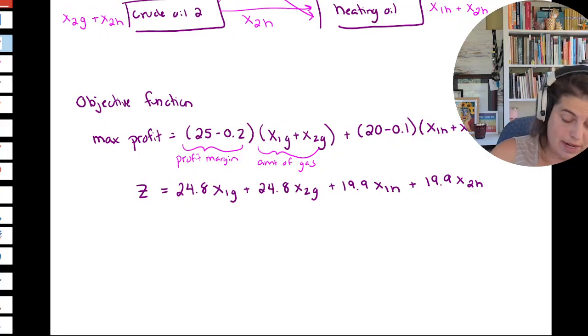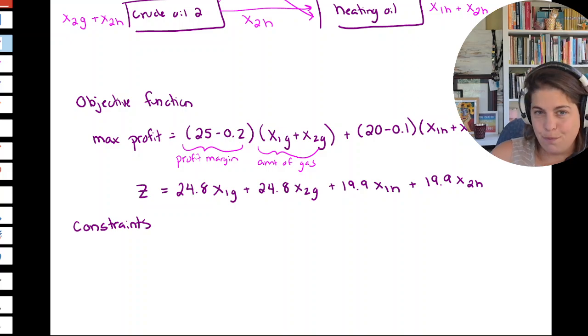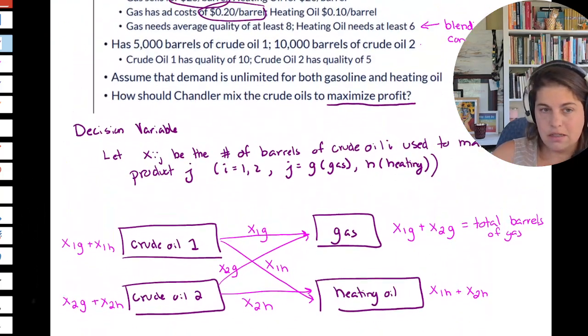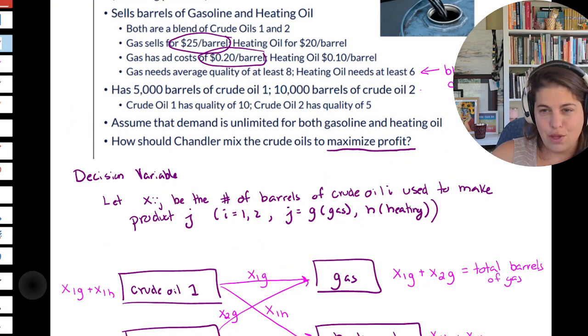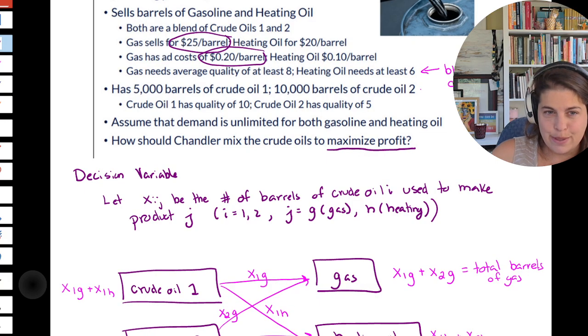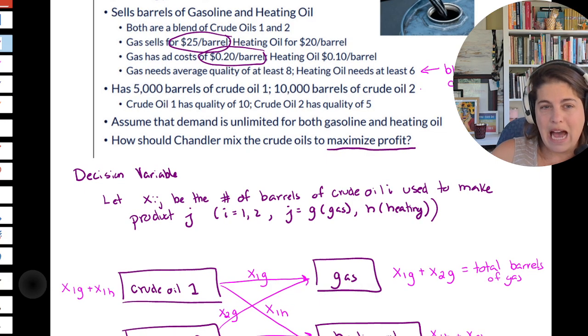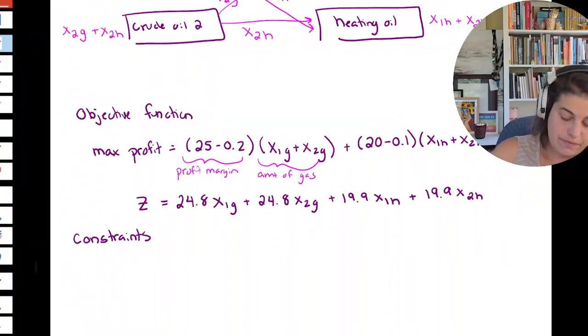But then we get into the far more interesting stuff. We get into our constraints. And before we actually go through and build them, I just want to identify the constraints. So we have the gas needing an average quality of at least 8.